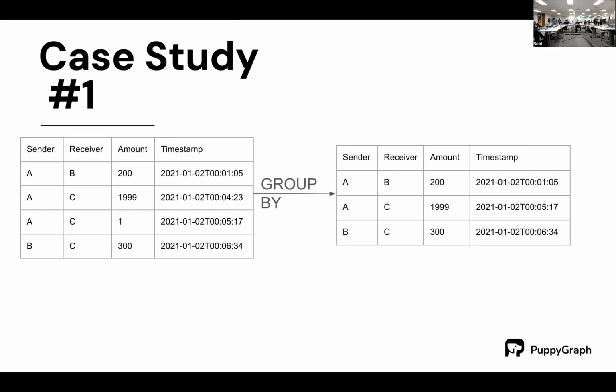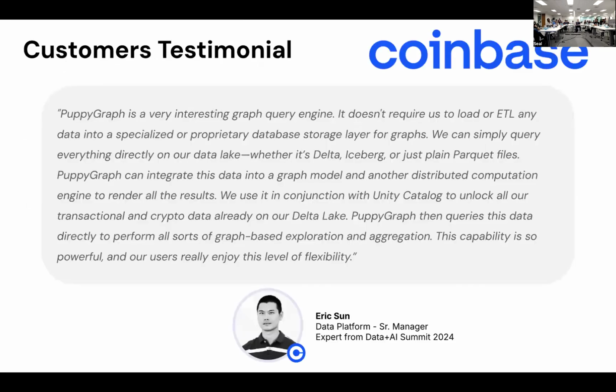In this case, the graph will be much smaller. And no one wants to learn how to do this in graph query because it has a much longer learning curve. But everyone knows how to write a group by SQL. So it will make the data engineer's life much easier. Oh, this is a customer testimony from Coinbase.